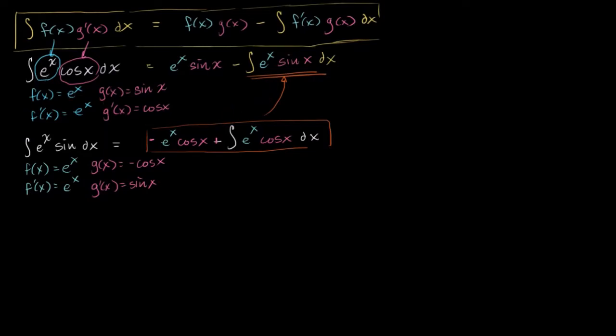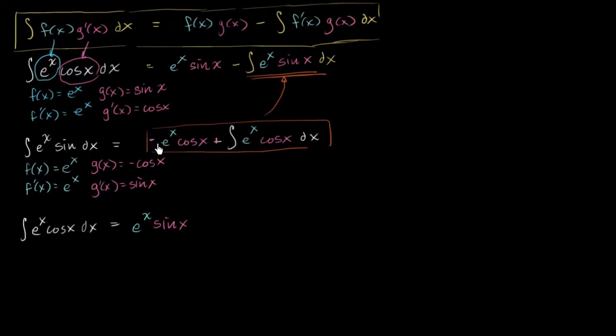So what we'll get is our original integral on the left-hand side, the indefinite integral, or the antiderivative of e to the x cosine of x dx, is equal to e to the x sine of x, minus all of this business. So we're subtracting all of this.